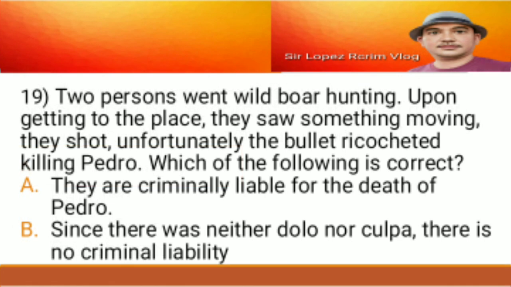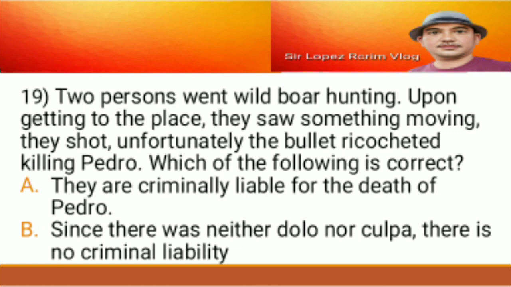19. Two persons went wild boar hunting. Upon getting to the place, they saw something moving. They shot. Unfortunately, the bullet ricocheted, killing Pedro. Which of the following is correct? Letter A, they are criminally liable for the death of Pedro.